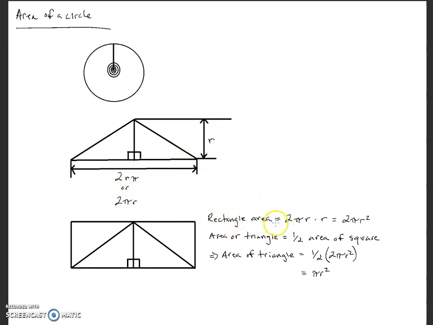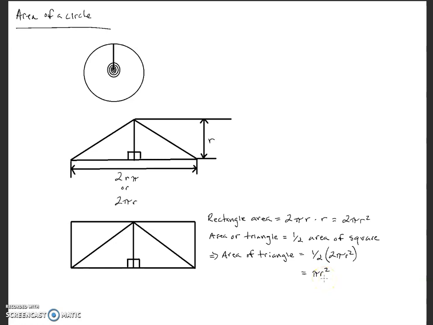So the rectangle area would be 2 pi r times r, otherwise known as 2 pi r squared. But the area of a triangle is half of the area of a rectangle. So the area of the triangle is 1/2 of 2 pi r times r, which means the area of the circle is pi r squared. And that's typically how we know the area of a circle to be.